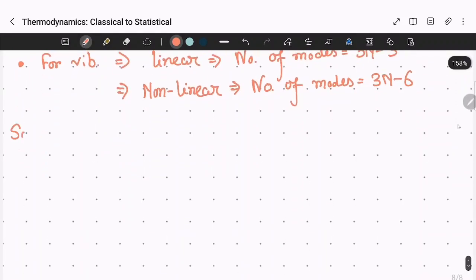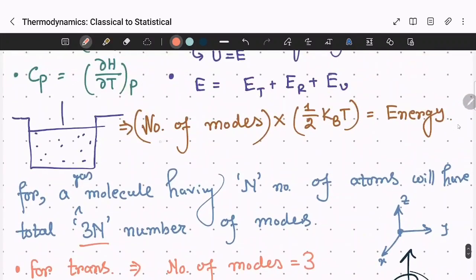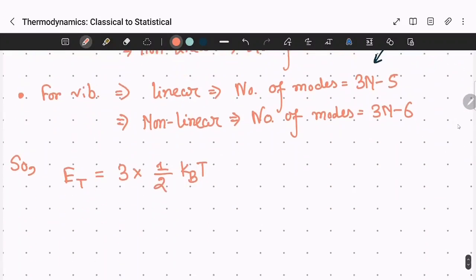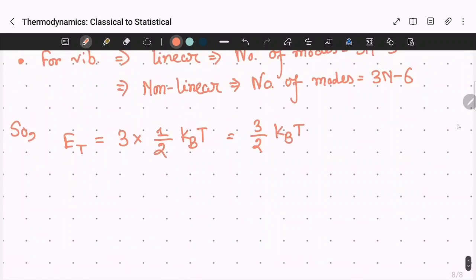So first, E translational will be 3 into half kBT, using the formula: number of modes into half kBT. The number of modes is 3 and each mode will have energy of half kBT, so it will be 3/2 kBT. E rotation will depend.